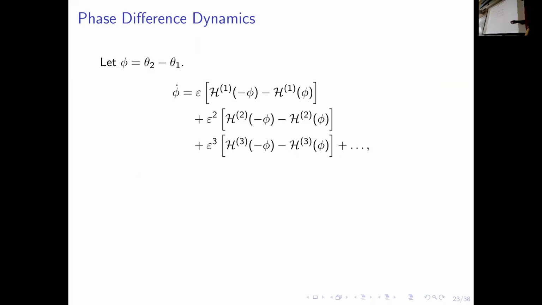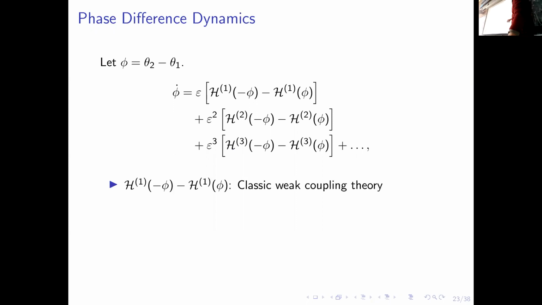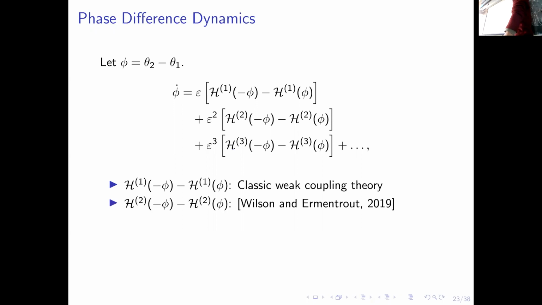However I derive those equations, we can look at the phase difference and write everything as just one phase difference equation, written in powers of epsilon. We have the lowest order, the classic Kuramoto-type theory, which falls right out of this method. Second, we look at it beyond.